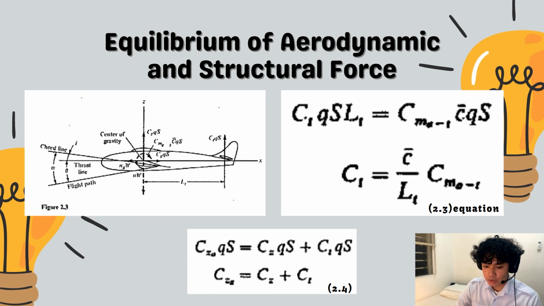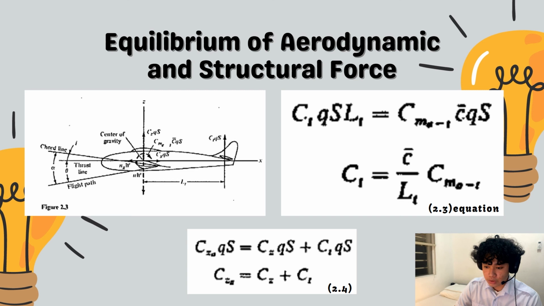The moments of the forces shown in Figure 2.3 about the center of gravity are therefore in equilibrium, where C sub t is a dimensionless tail force coefficient expressed in terms of the wing area and L sub t is the distance from the airplane's center of gravity to the resultant air load on the horizontal tail, as shown in Figure 2.3.